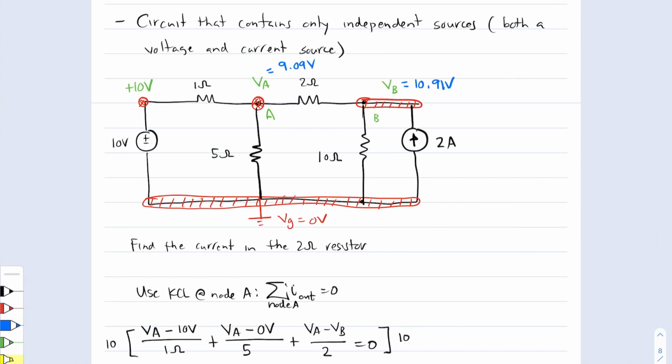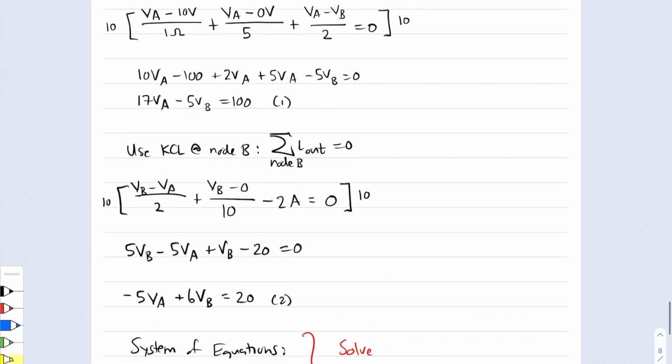So that's what we found mathematically. Question is, what direction is the current going to flow in? Well, current always goes from high voltage through a resistor down to low voltage. That means that the current flowing through the 2 ohm resistor has to go that way. Has to. There's no other choice.